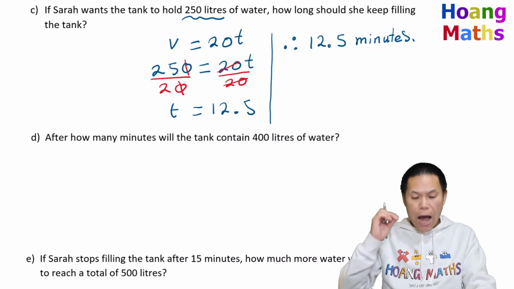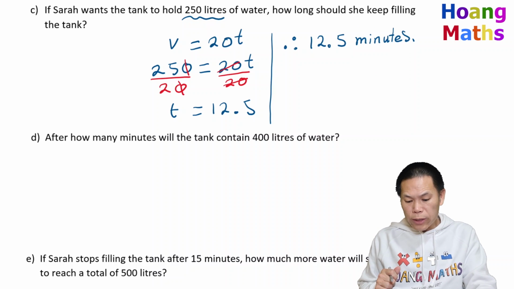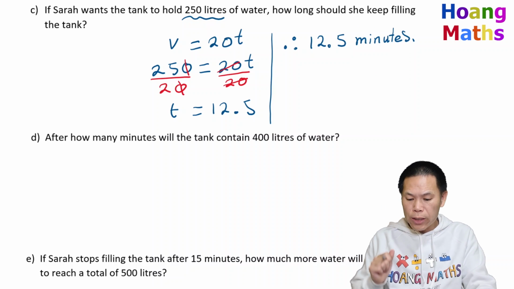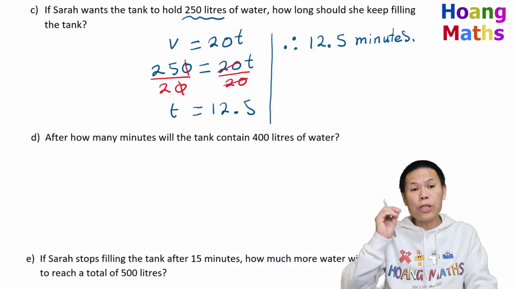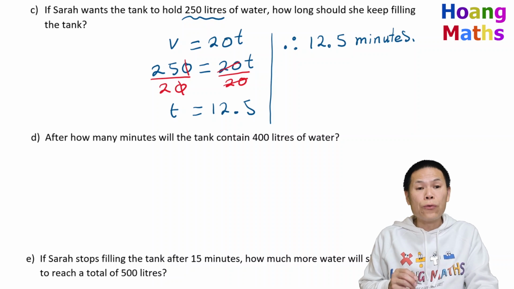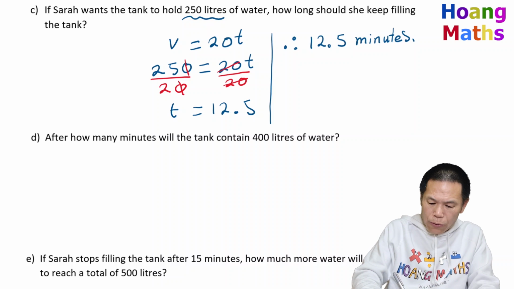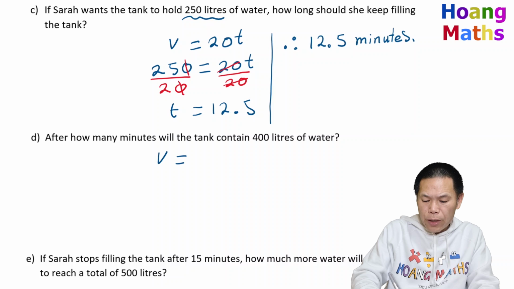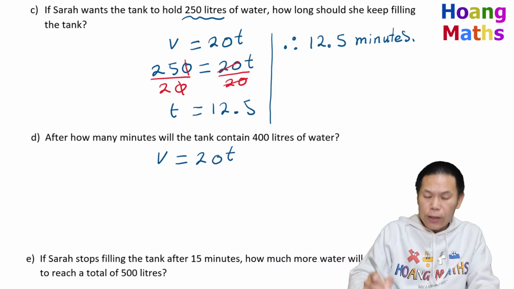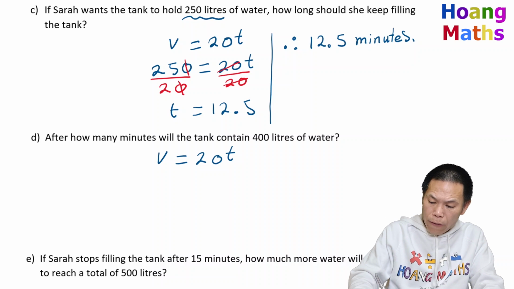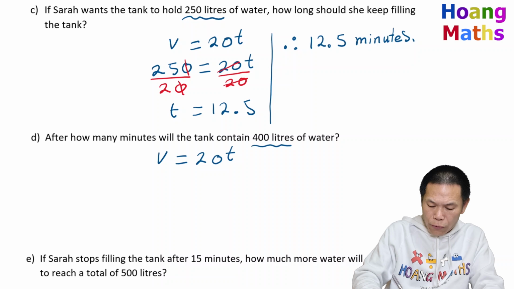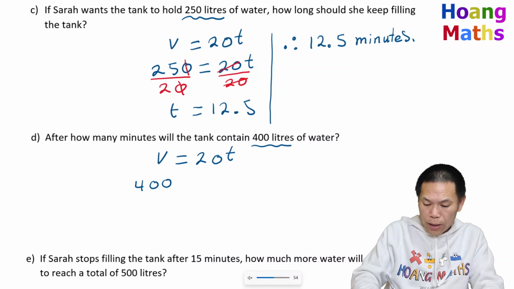Part D. How many minutes until the tank contains 400 liters of water? So this means that V is equal to 400. We know that V is 20T. Now this time V is 400 liters. So 400 is equal to 20T.